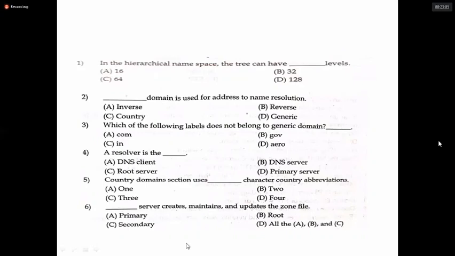Dash server creates, maintains, and updates the zone file. Remember, we have a zone, we have a domain, we have a label. Please recall that. Is it all servers? Secondary? Think.